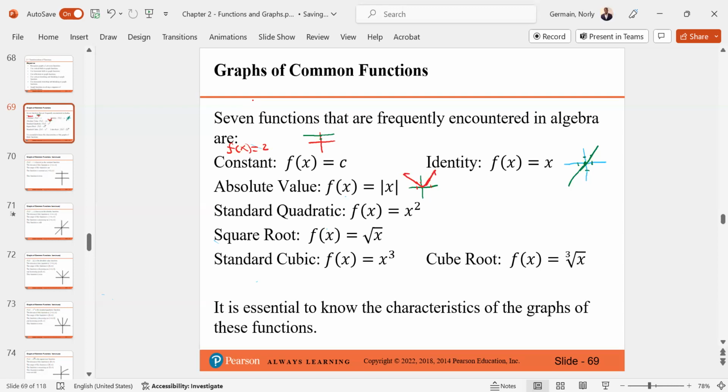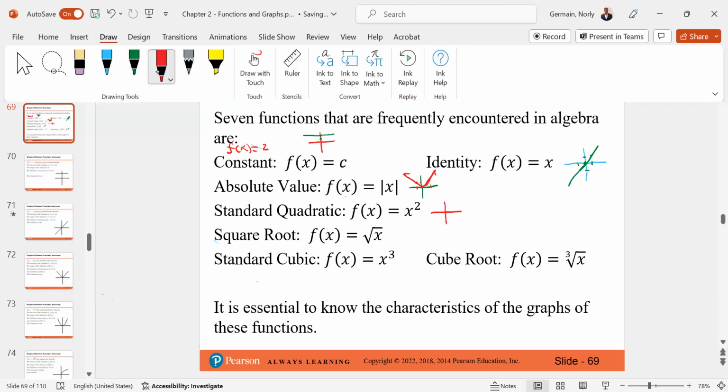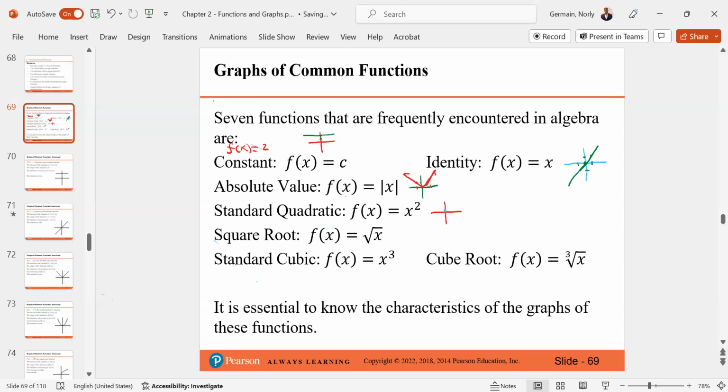This is the absolute value function. But for a quadratic function like the standard one, if you have x squared, then x squared gives you a parabola, which is a U shape. For example, if x is 0, y would be 0. If x is 1, y would be 1.